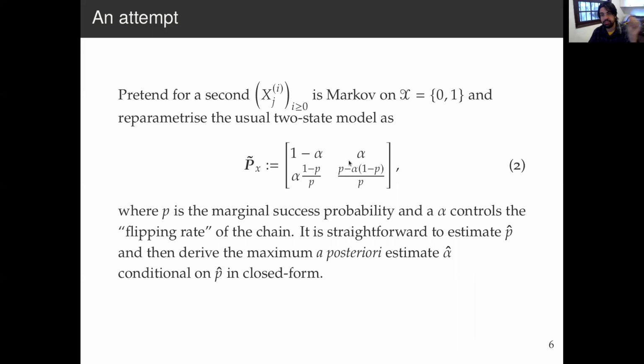So how fast that chain is changing states. In that setting, we can estimate P and alpha in closed form, right? So we first estimate P by maximum a posteriori or maximum likelihood, and then we estimate alpha conditional on P.